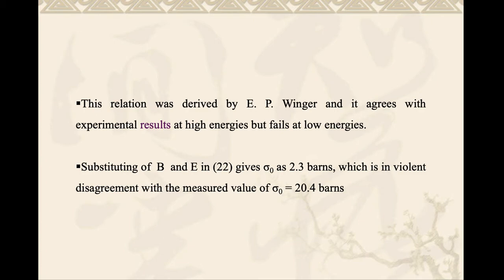We will be getting sigma 0 as 2.3 barns. Barn is the unit for area, and 1 barn is equal to 10 raised to minus 28 square meters. This is in violent disagreement with the measured value of sigma 0 equal to 20.4 barns. The measured value is 20, but here we are getting 2.3.